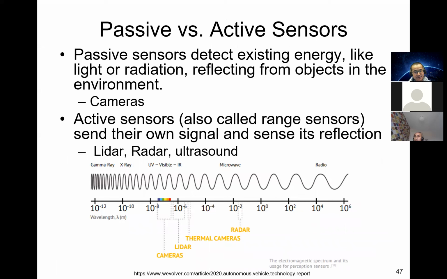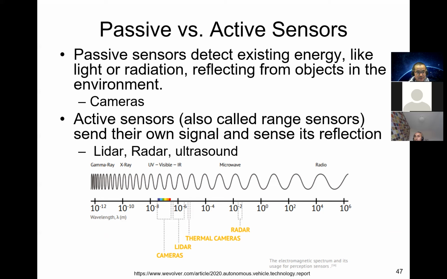So sensors can be divided into passive sensors and active sensors. Passive sensors include cameras, which detect existing energy like light or radiation reflecting from objects in the environment. Whereas active sensors, also called range sensors, send their own signal and sense its reflection, including LiDAR, radar, and ultrasound.